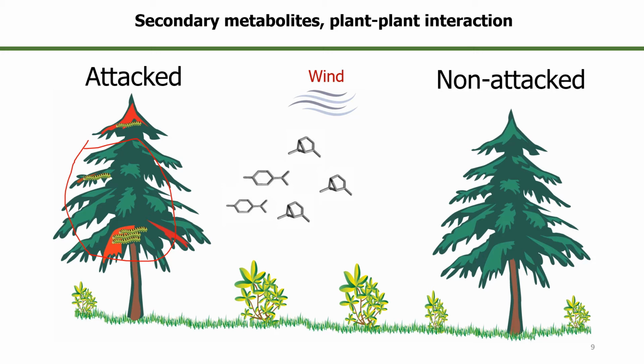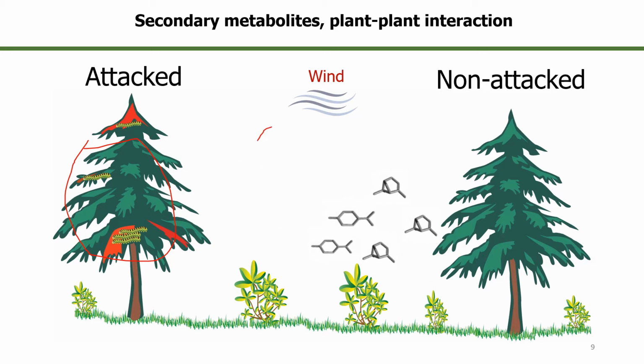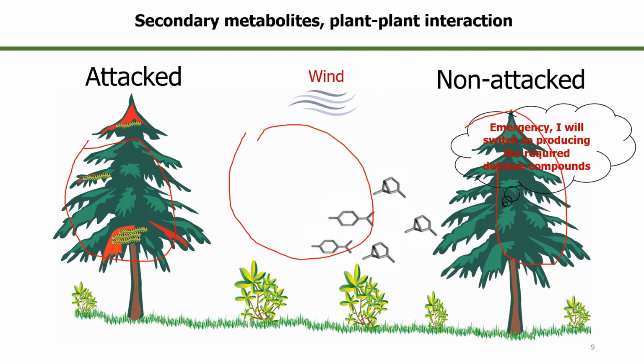The smaller molecules that get airborne, as you see here, are carried away by the wind to the surrounding trees, and these molecules serve as a messaging signal in order to inform all the neighboring trees to prepare for an imminent threat, which is going to happen when the tree which is currently under attack is dead. So these smaller molecules that are called secondary metabolites are used by plants for plant-to-plant interaction.